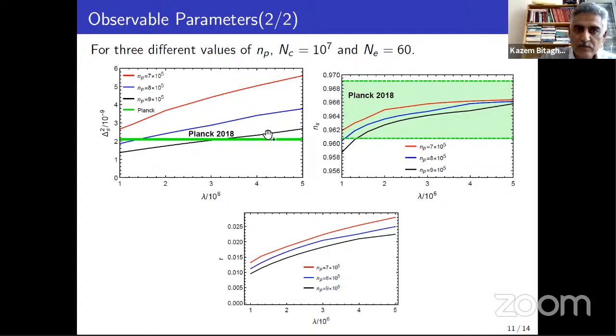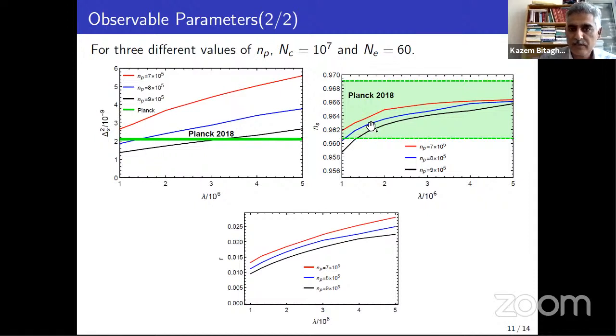Red, blue, and black belong to different values of N_P. And when there is a crossing point, for example, for the black one here, you see that it happens for this value of lambda. But for the blue lines, lambda should be this one. Then we can find in which parameter space of the theory we meet the Planck data.